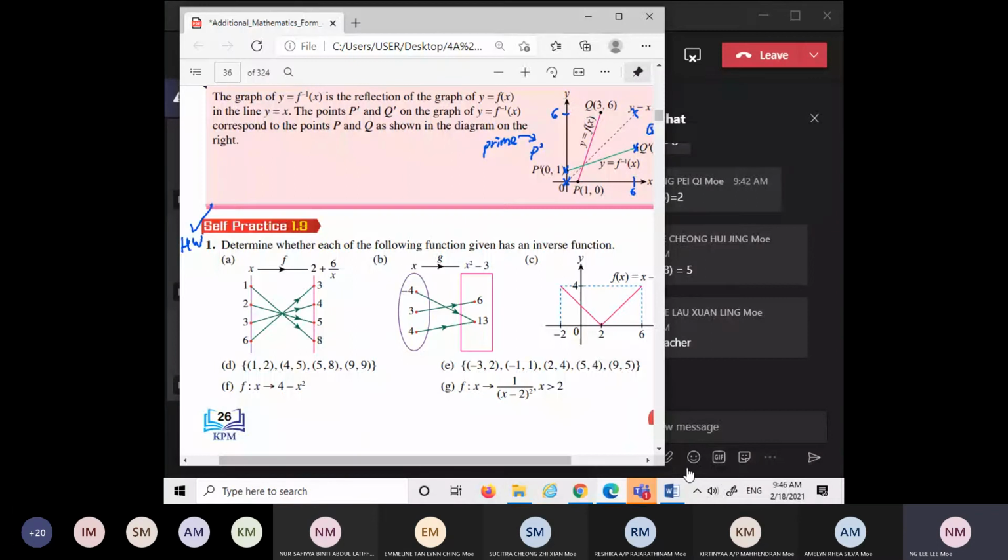Yes, teacher. Very good. Look at these questions. Determine whether each of the following functions given has an inverse function. Look at A. Will A have an inverse function or not?